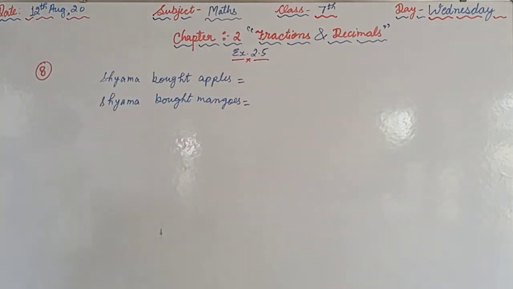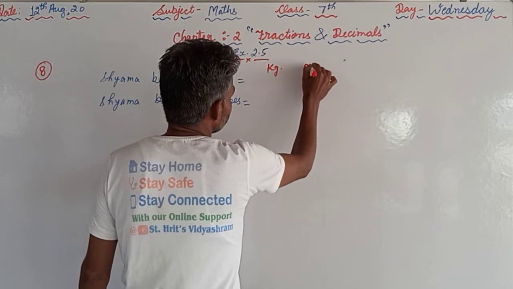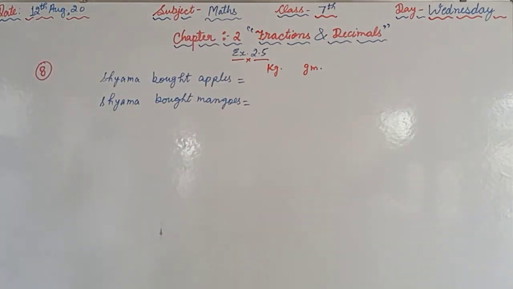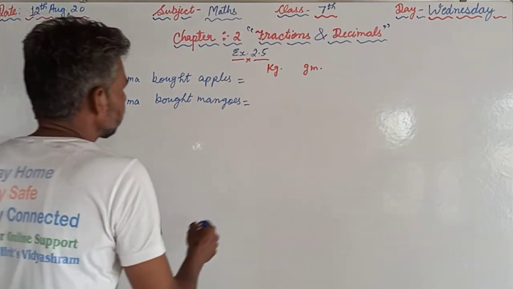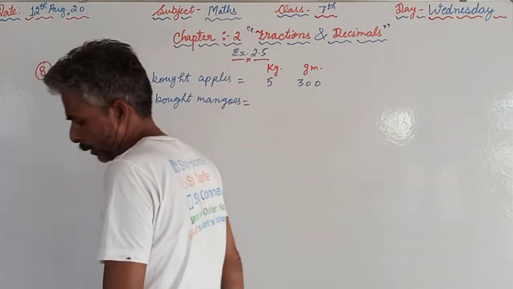How much apples are there? We will write here kilograms and grams. So the apples bought by Shyama are 5 kilogram and 300 grams.